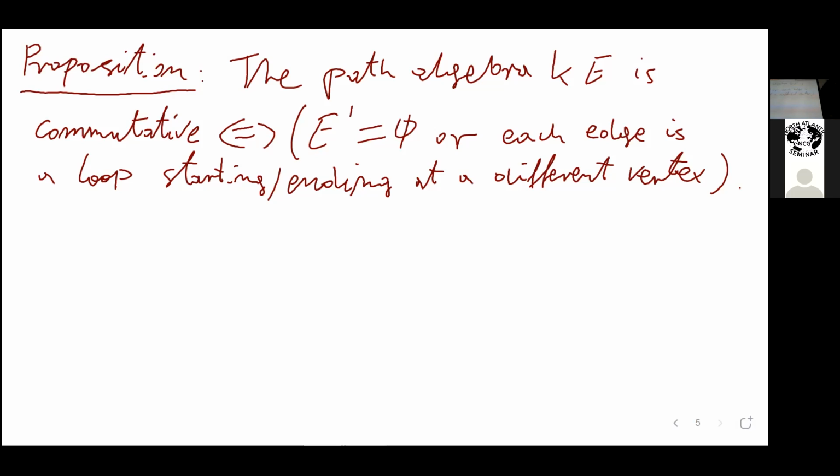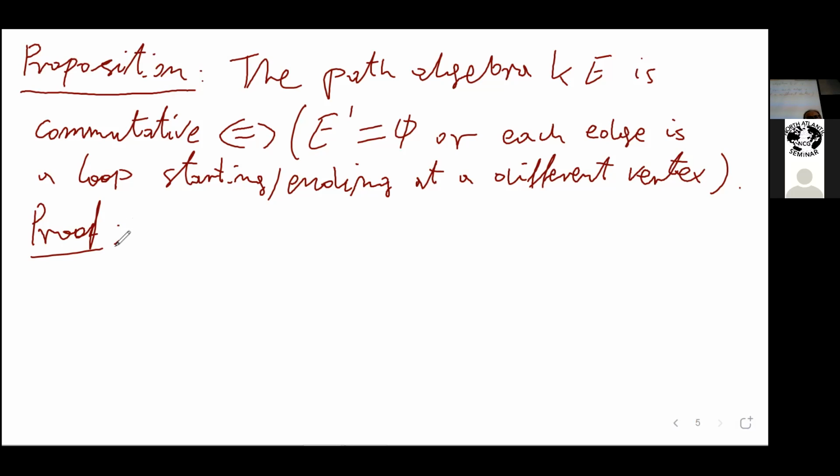And the first part of the proof is worth repeating, because you can write it in a slightly different way. Now remember, these are different things, because here we are talking path algebra, so finite linear combinations.